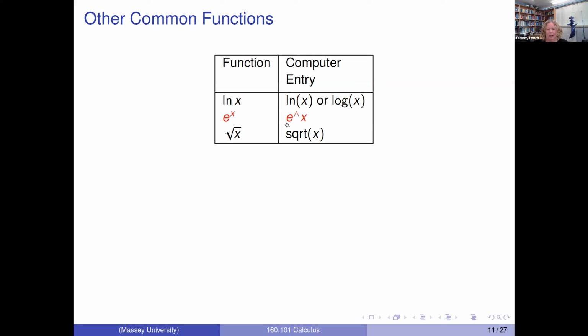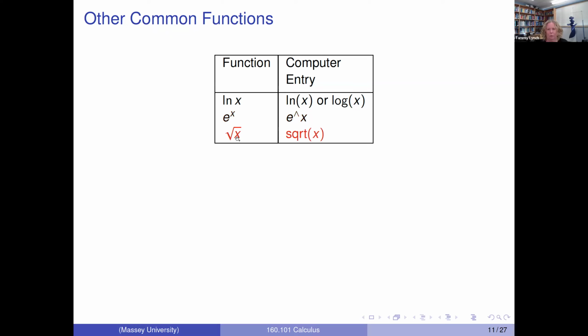e to the x is written e^x. This is an exponential function, so sometimes in some computer systems you may see this done in a different way, but for the quizzes that we'll be using, e^x will always work. You'll need to put whatever the input is into your power, and that will need to be in brackets if it's larger than just x.